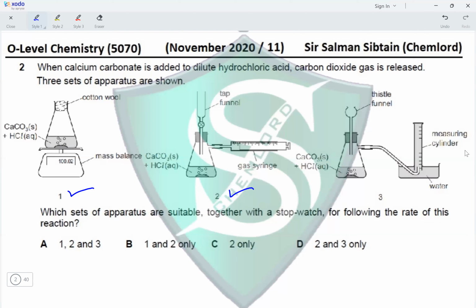So when it dissolves, we will not be able to measure the volume of CO2 produced accurately. So we will not be using this apparatus setup for our experimentation. So 1 and 2 are correct, making option B the correct option for this question.